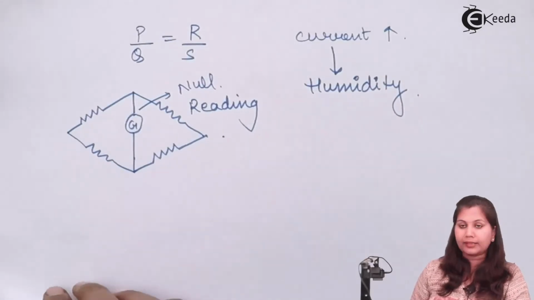Next come the capacitive hygrometers. In the capacitive hygrometers, the changes in the humidity cause changes in the capacitance.